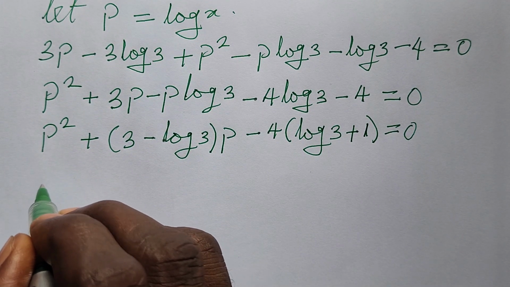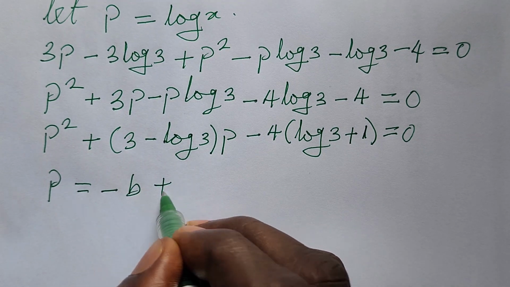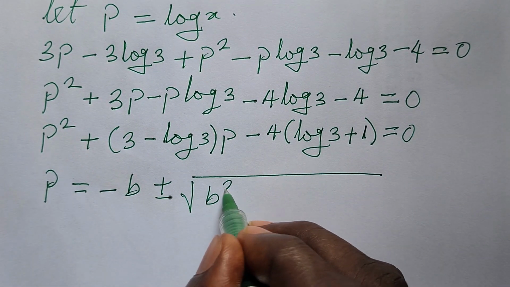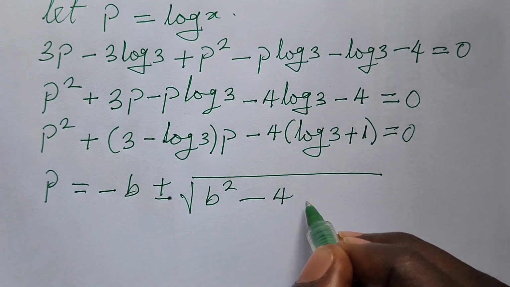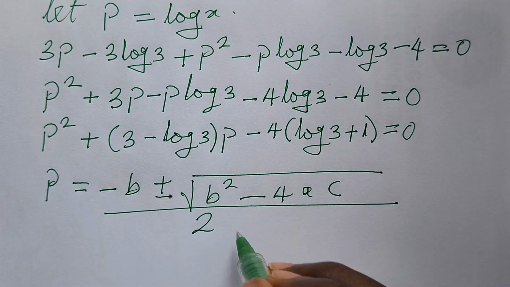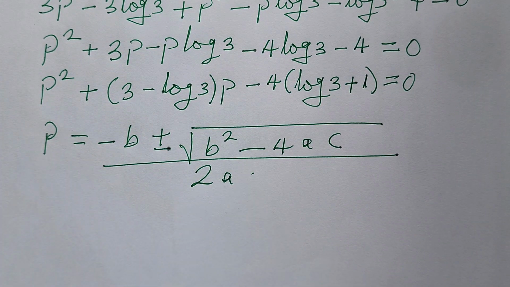We know that the formula is p is equal to minus b plus or minus the square root of b squared minus 4ac, everything all over 2a. So we bring out our a, b, c from this expression.